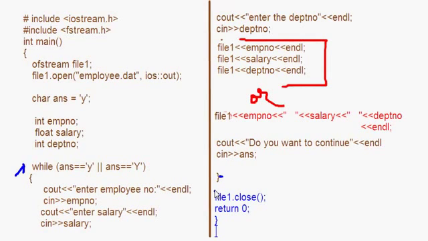It's a very small program with very few lines of code. The important thing to understand here is this part: how to write the values of the variables into the file.